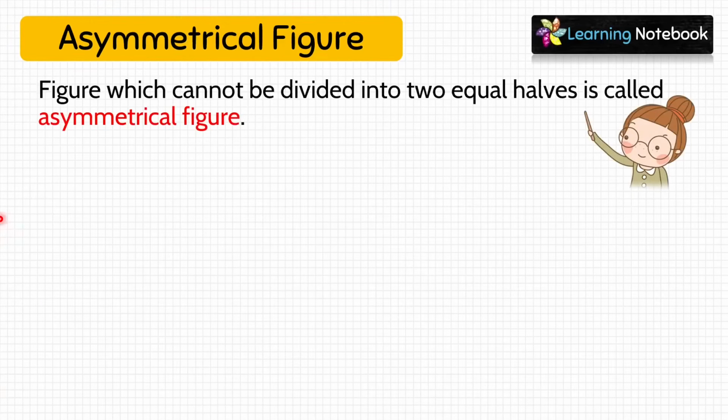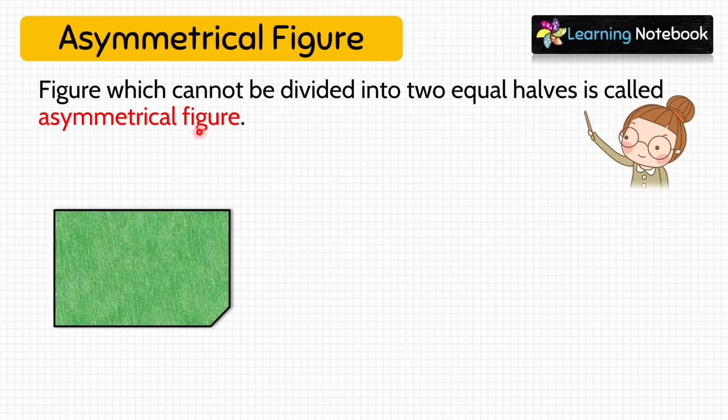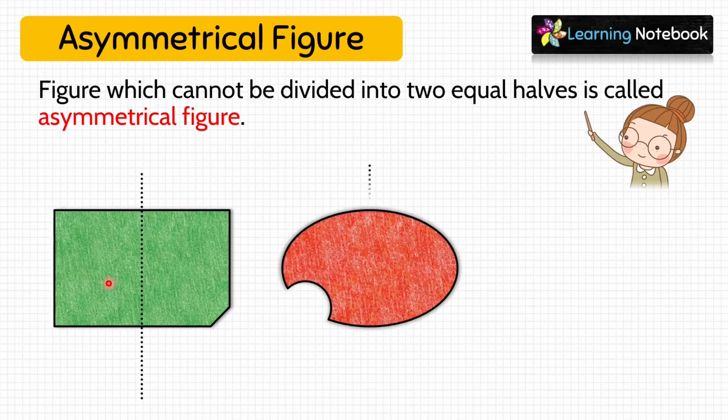And now what is asymmetrical figure? Figure which cannot be divided into two equal halves is called asymmetrical figure. For example, this figure. It cannot be divided into two equal halves, right? Then this figure also.